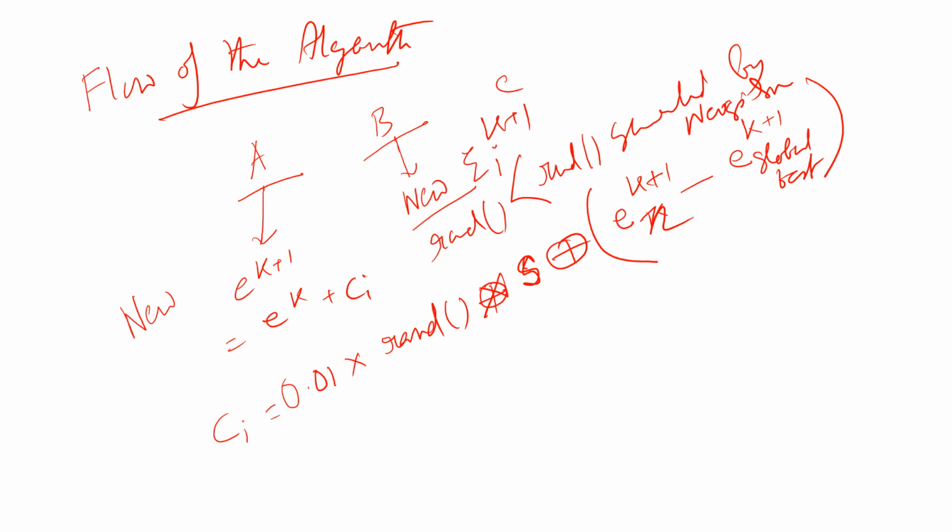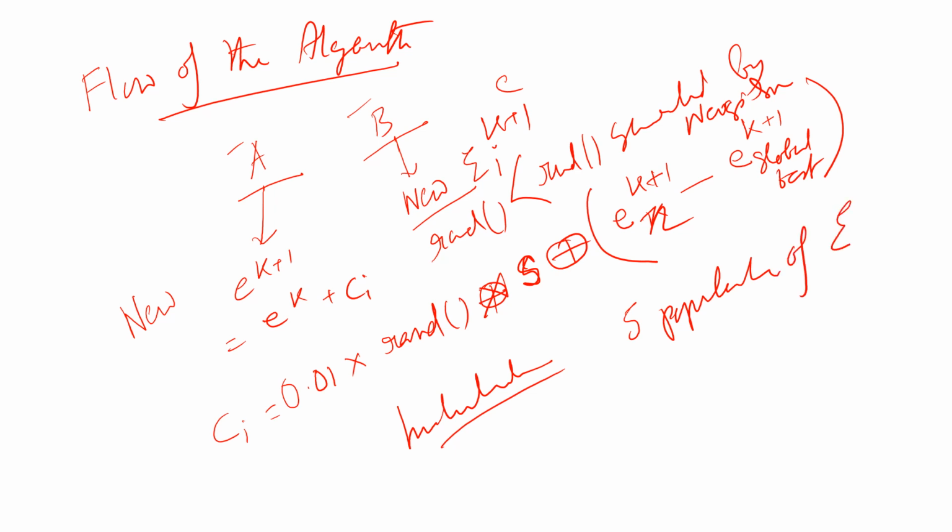Whatever may be the case, remember that in case of A or B, initially at the time of initialization, we have generated 5 population of our E. With the help of these 5 population, meaning 5 different values of X, we have already generated Y. Then you have to rank the Y in ascending order.